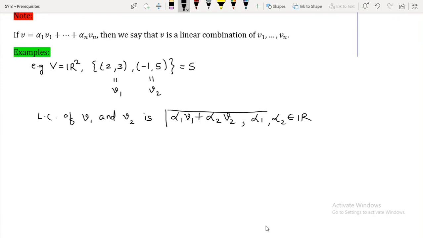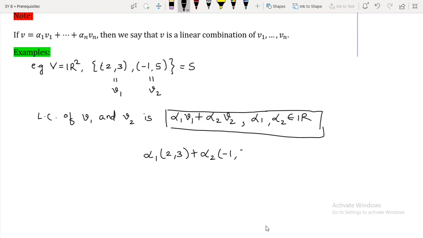So if I simplify it further, if I put the values of V1 and V2, it is the same as alpha 1 times (2, 3) plus alpha 2 times (-1, 5).